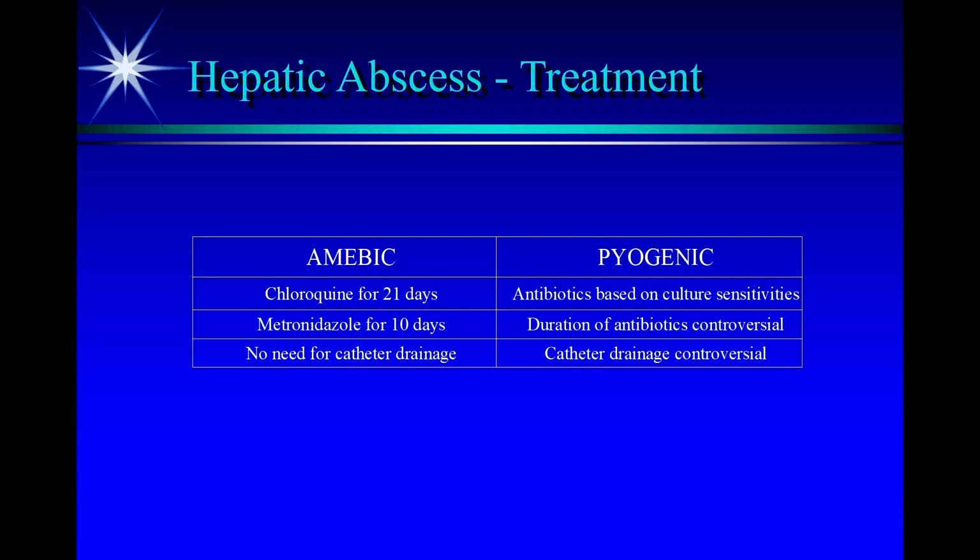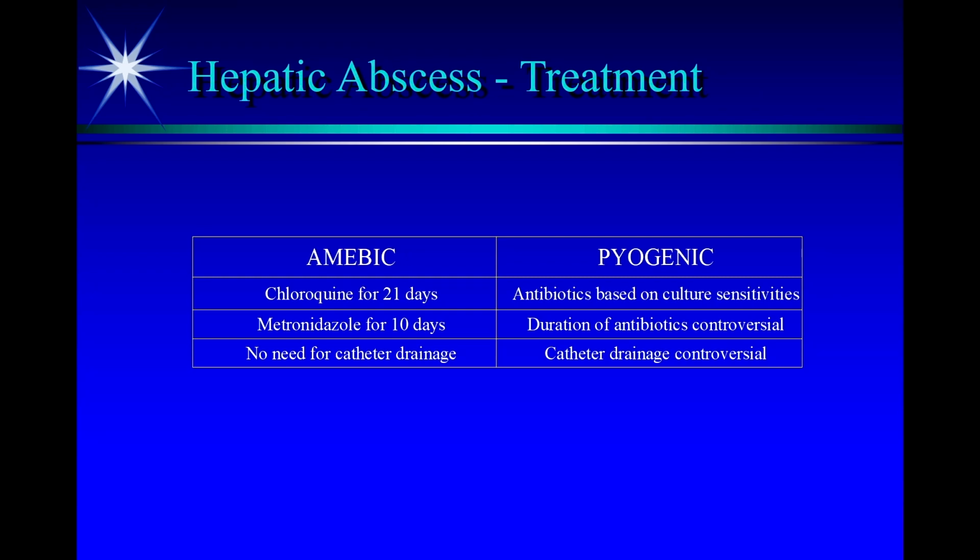And actually, chloroquine is very specific. It only treats amoebic abscesses. So they used to use chloroquine as a diagnostic therapeutic intervention. If you have an abscess, you can put the patient on chloroquine. If they improve, it was likely an amoebic abscess. If they don't improve, then you're probably dealing with a pyogenic abscess.